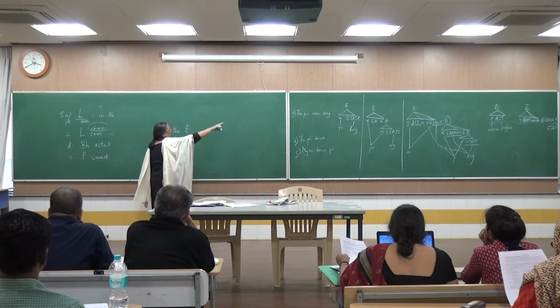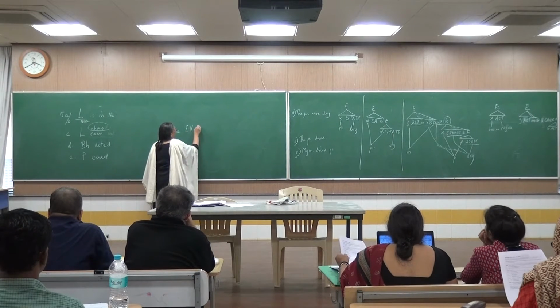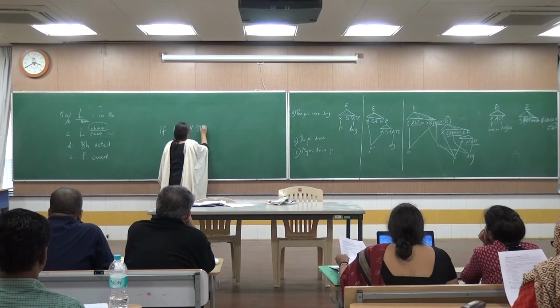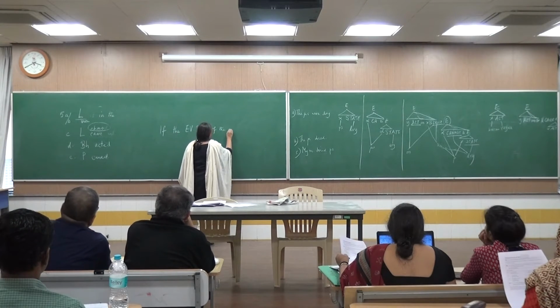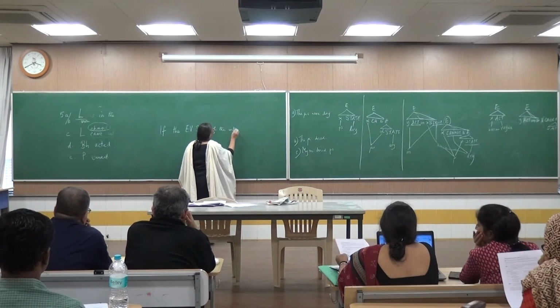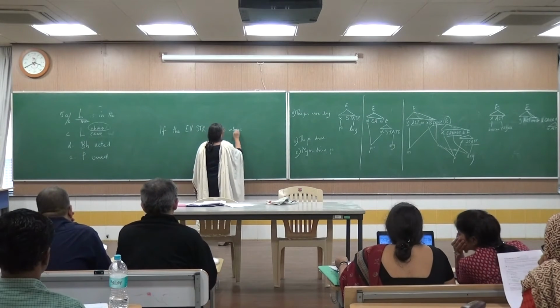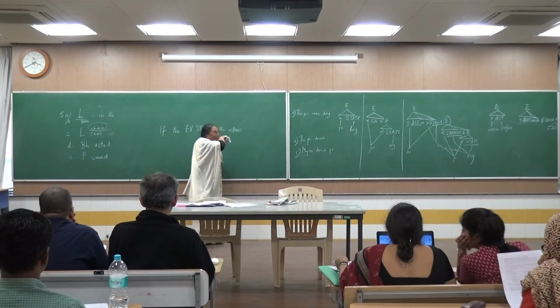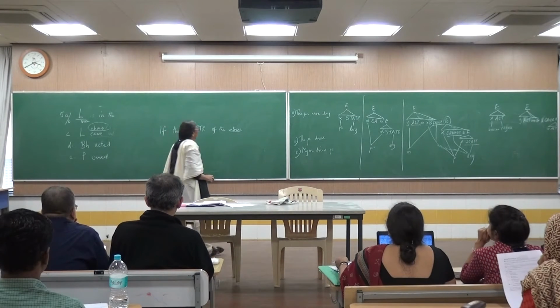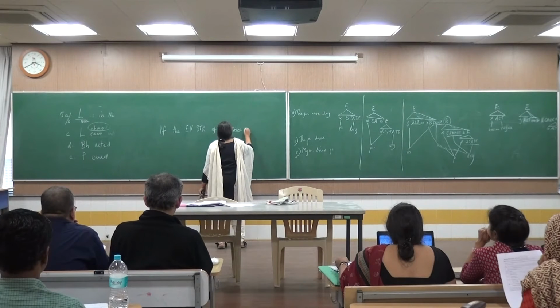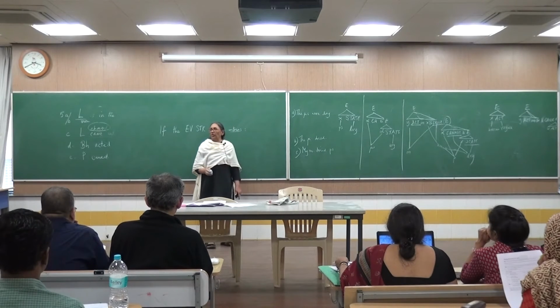Let's say this is the event structure, what we looked at. If the event structure of the intransitive, what would the event structure of the door opened be? Not the door was open.